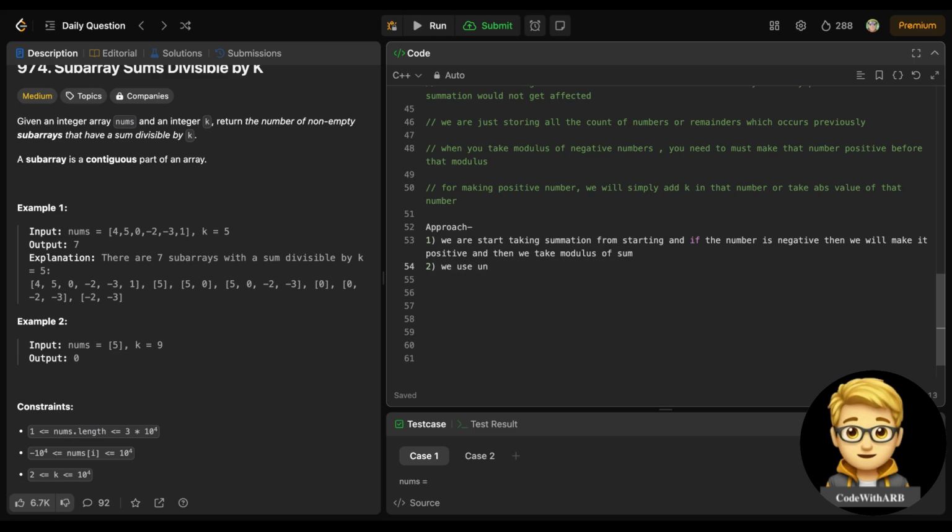We use a HashMap for storing the sum occurrences.